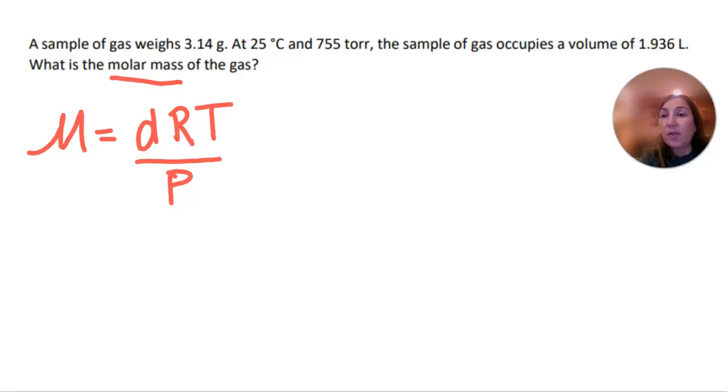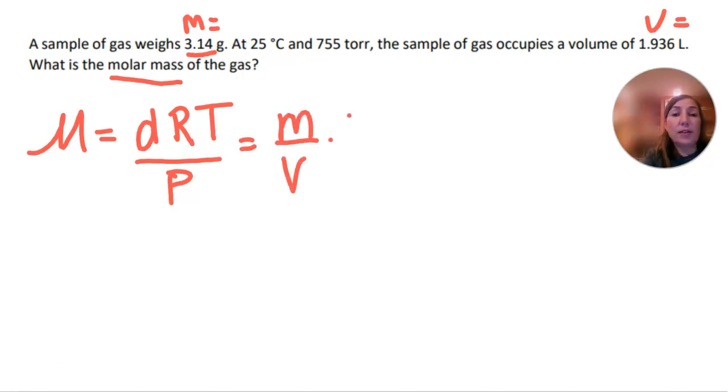Okay, well, let's see what we've got of that. Do we have density? Well, not exactly, but we do have a mass and a volume. And that is what density is. So we're going to have to do density as mass over volume, and then times RT over P. Okay, so that'll work out okay.